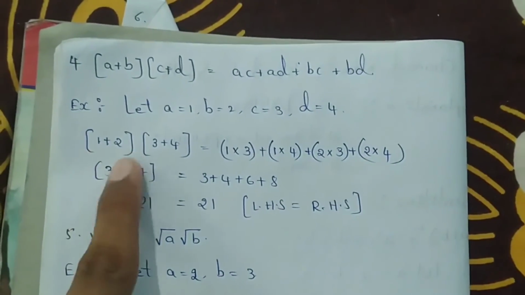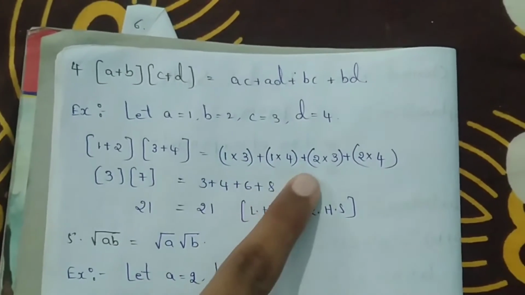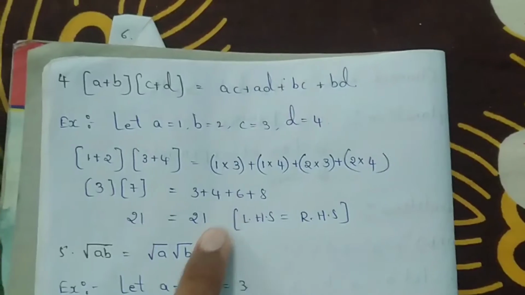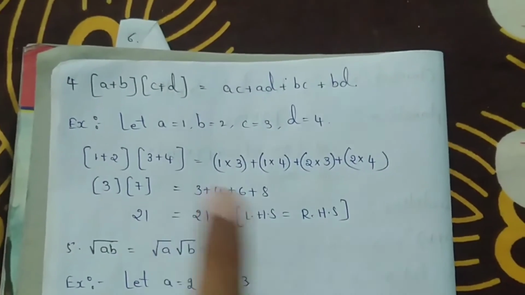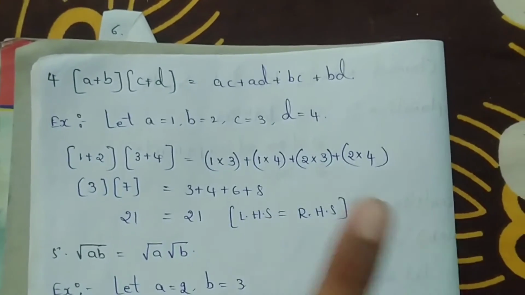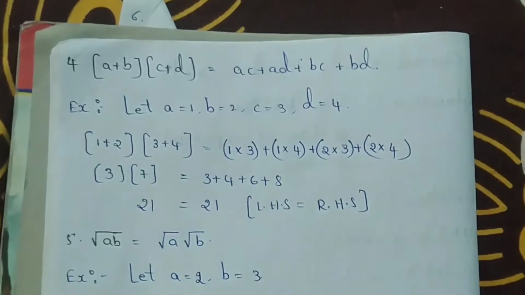Understand? 1 + 2 is 3, 3 + 4 is 7. 1 three is 3, 1 four is 4, 2 threes are 6, 2 fours are 8. 7 threes are 21. 3 + 4 + 6 + 8 is equal to 21. So LHS is equal to RHS. The given identity holds.